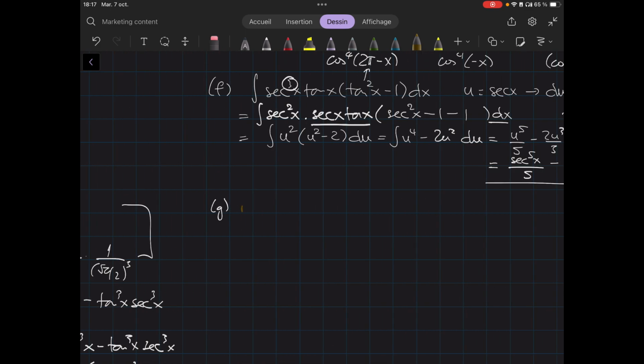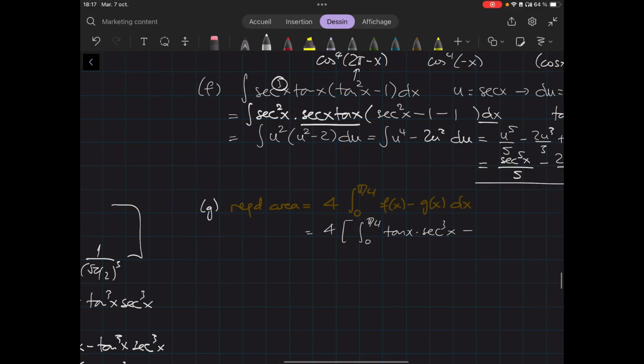Part G. The required area is 4 times the integral from 0 to pi by 4. F is the one above, G is the one below. F of x, that is tan of x, secant cube of x.